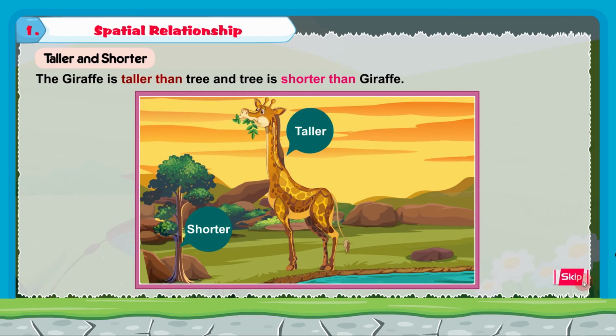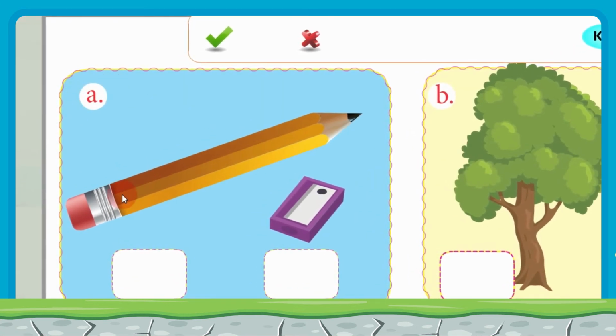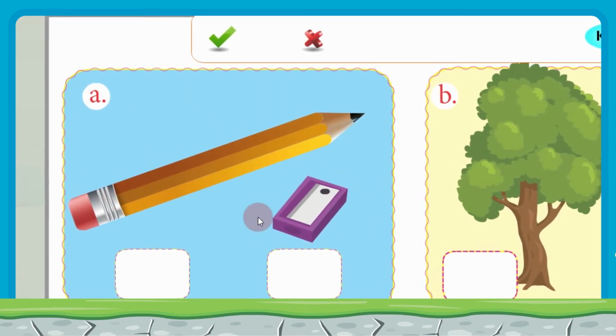Now let's read the heading here. Look at the given pictures. Tick the one that is taller and cross the one that is shorter. Here we have two pictures. In the first picture, picture A, we have a pencil and a sharpener.